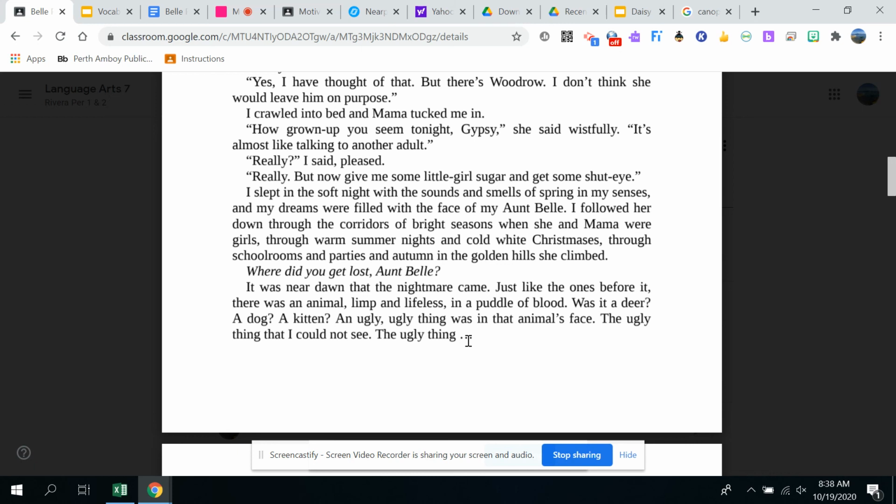I followed her down the corridors of bright seasons when she and Mama were girls, through warm summer nights and cold white Christmases, through schoolrooms and parties in autumn, in the golden hills that she climbed. Where did you get lost? It was near dawn and the nightmare came, just like the ones before it. There was an animal, limp and lifeless in a puddle of blood.